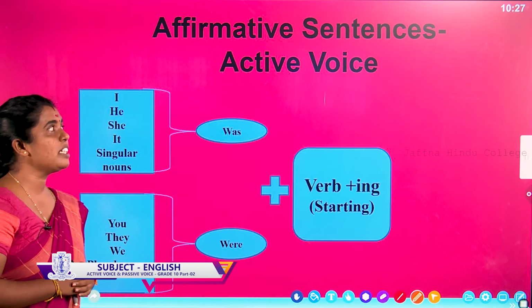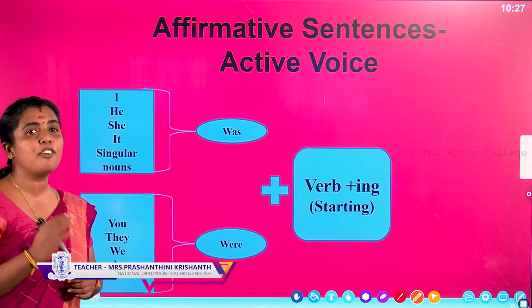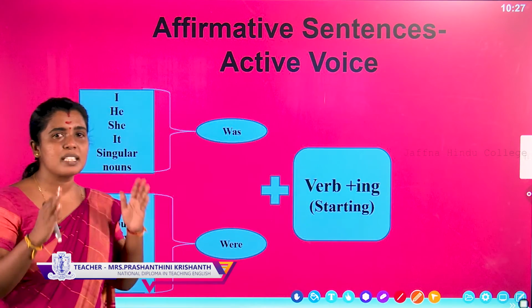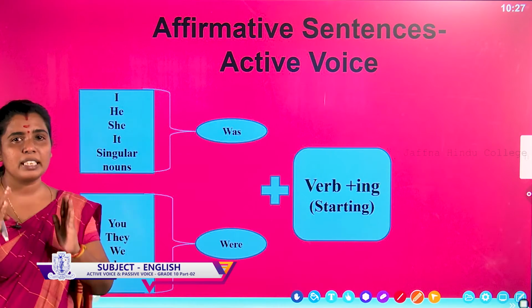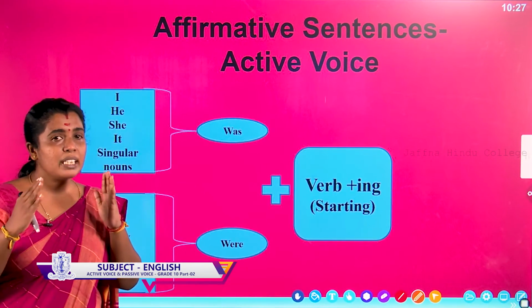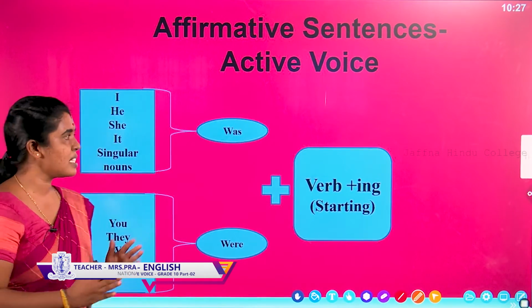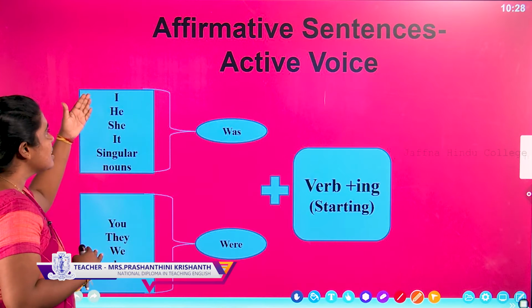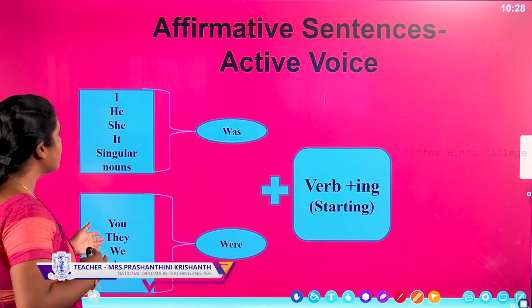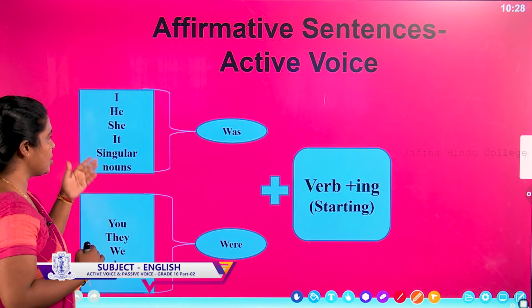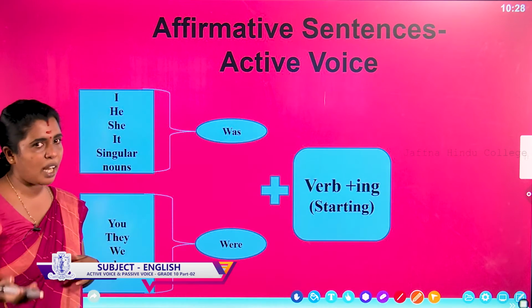First, affirmative sentences, active voice, right? You know, active voice means there should be a subject, after that the main verb, then the object. So, in past continuous tense, what is the structure? These are the subjects: I, he, she, it, or any singular nouns you can use.